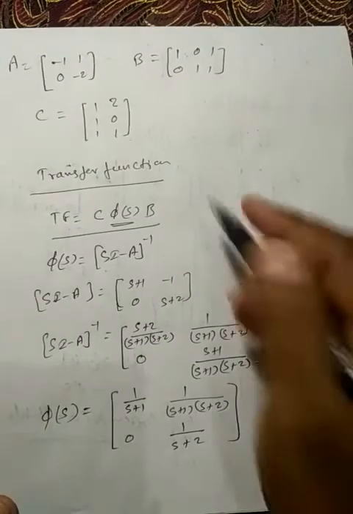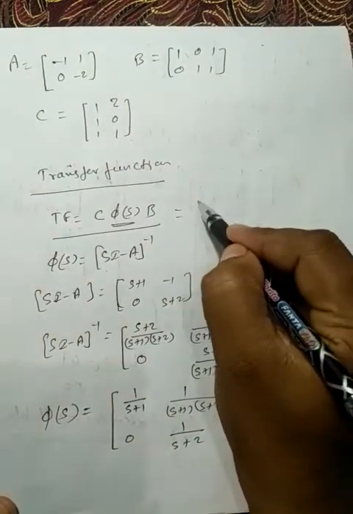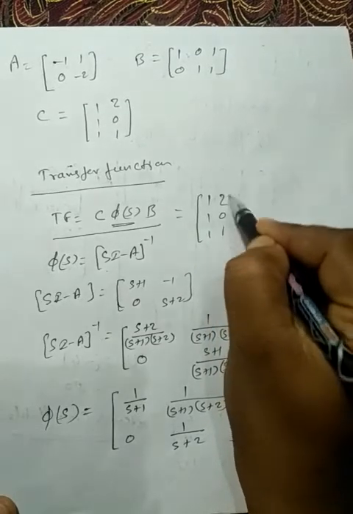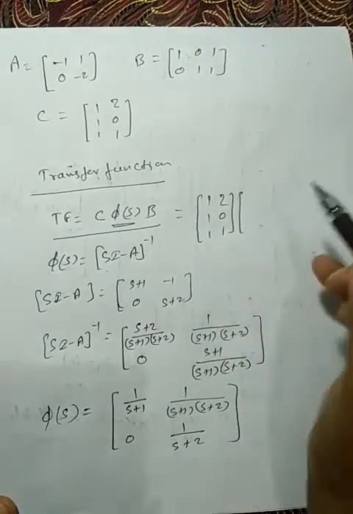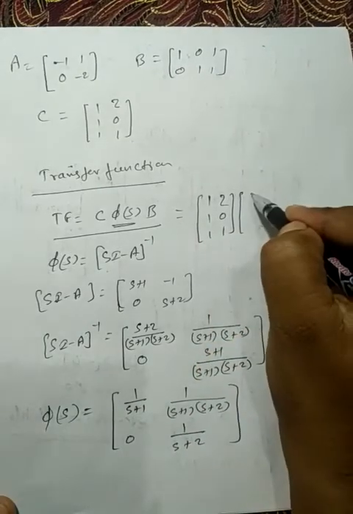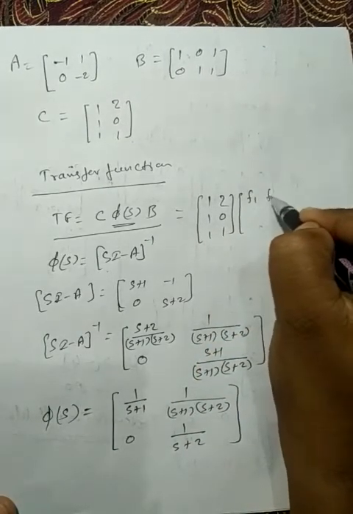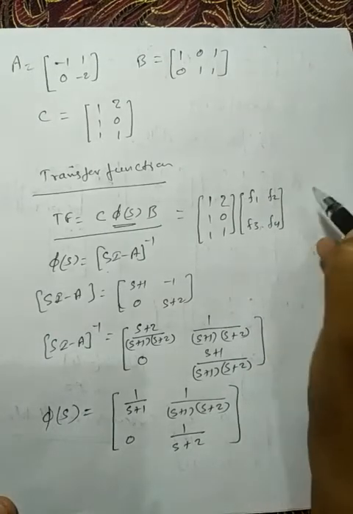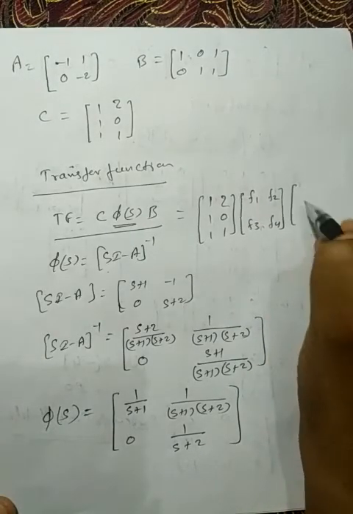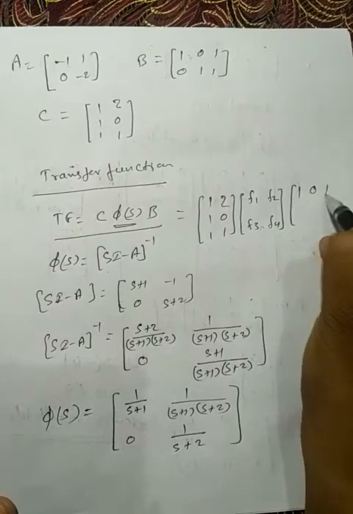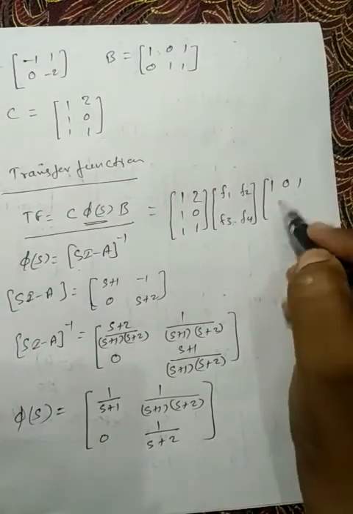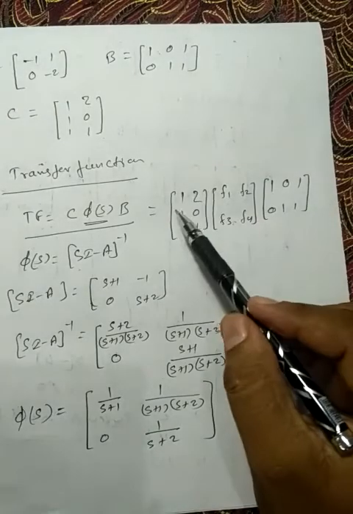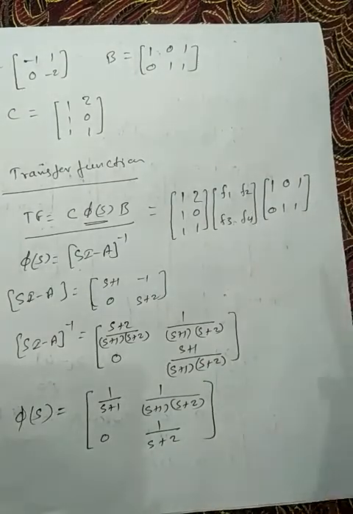And C phi s B will be 1, 1, 1, 2, 0, 1. Phi s, let's take it as F1, F2, F3, F4, and B is 1, 0, 1, 0, 1, 1. So first multiply this and this.